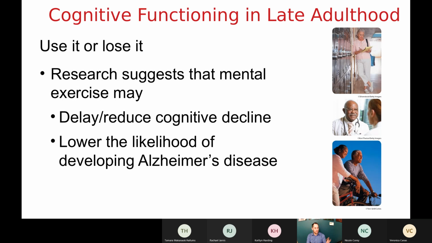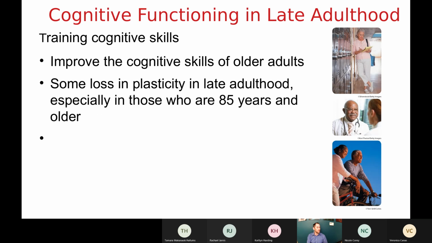Mental exercise also lowers the risk of developing things like Alzheimer's disease or dementia. Some of them are genetically related too, so even if you postpone it, some people will just get it, but you can make the progression slower or keep it at bay for a longer period of time with cognitive exercises.